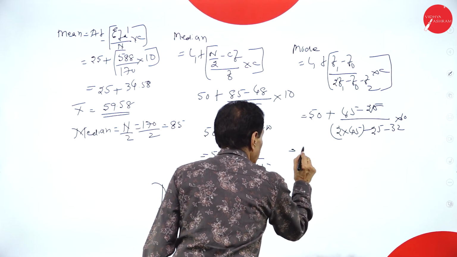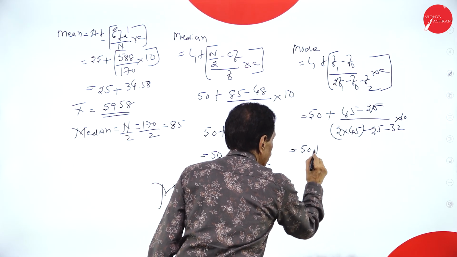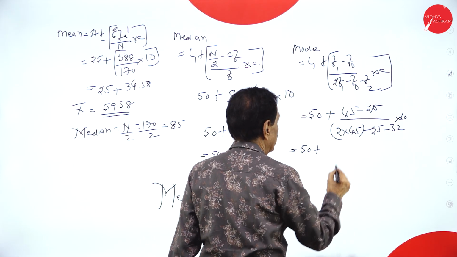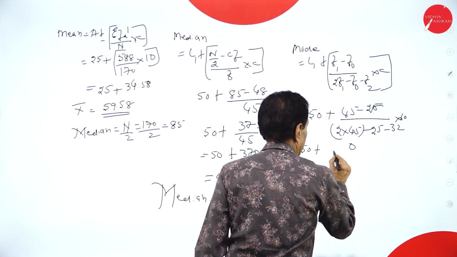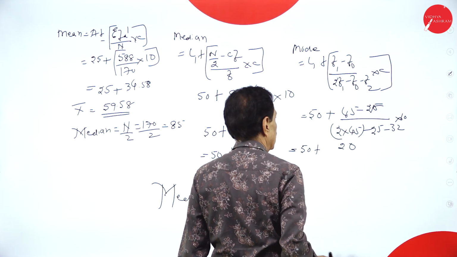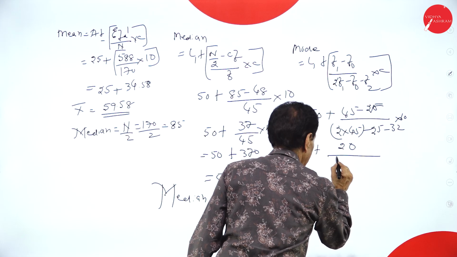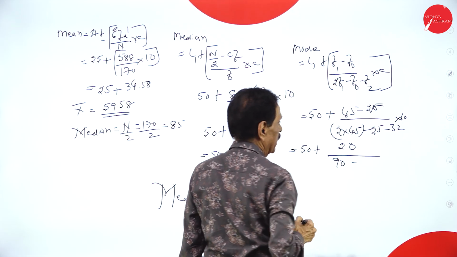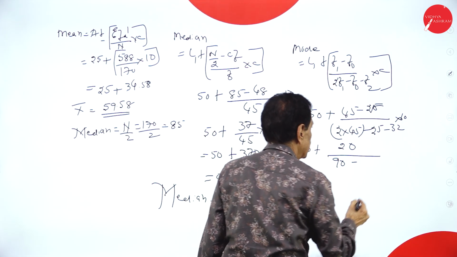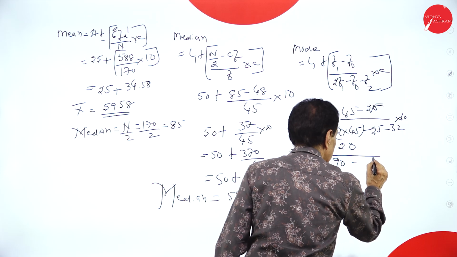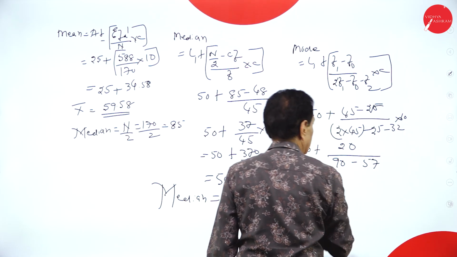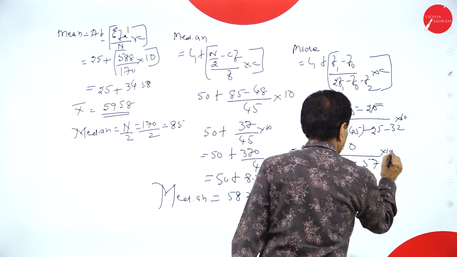Simplify. 50 plus 45 minus 25, 20, divided by 90 minus 25 minus 32, minus should be added, 33, into 10.